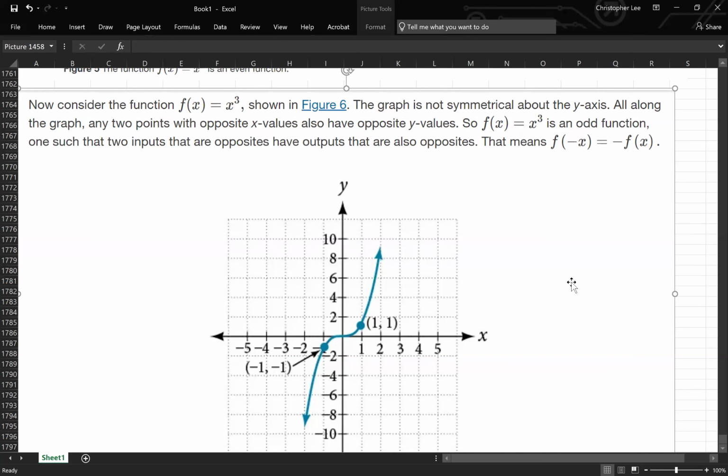So f of x is equal to x cubed is an odd function, one such that two inputs that are opposites have outputs that are also opposites. So that means that f of negative x is equal to negative f of x. So when you plug in a negative x value, you're getting out a negative y value. That's the opposite right there.